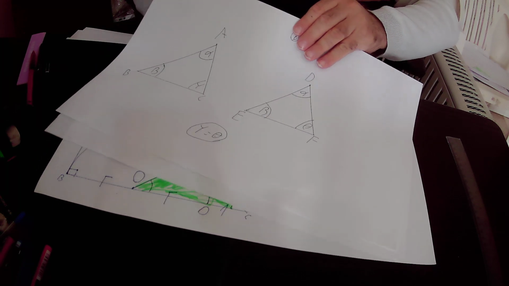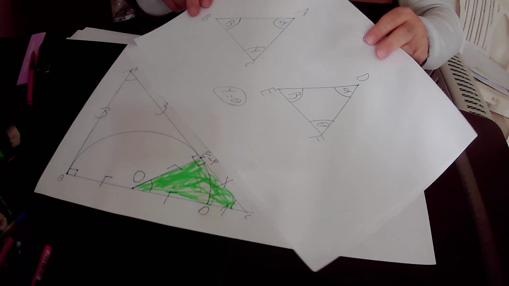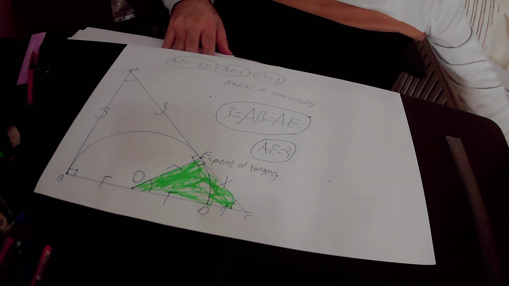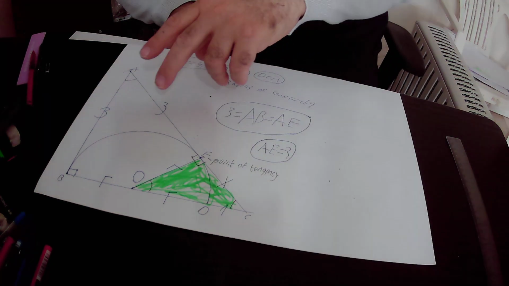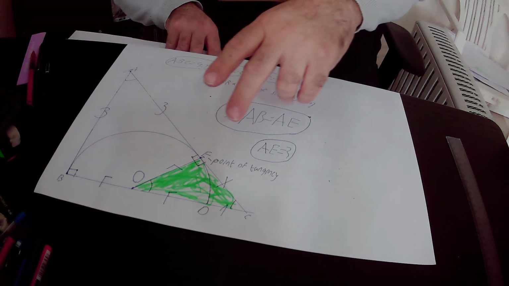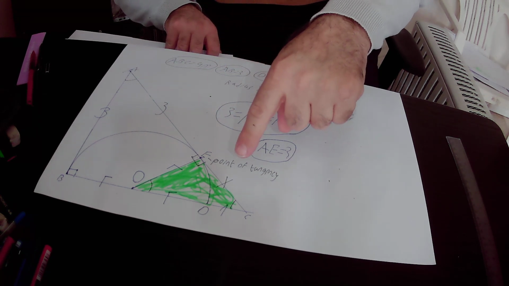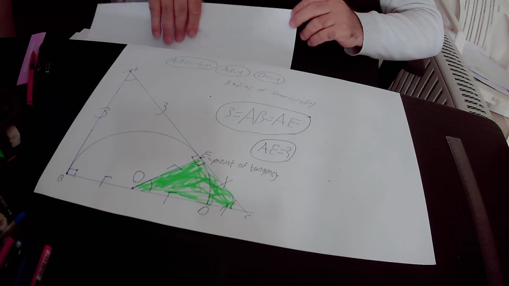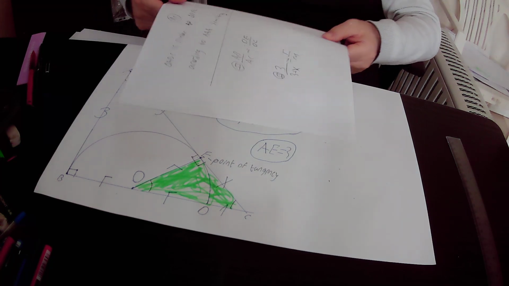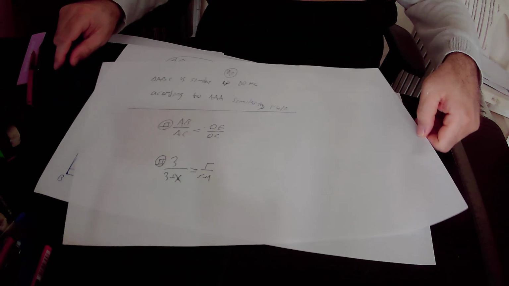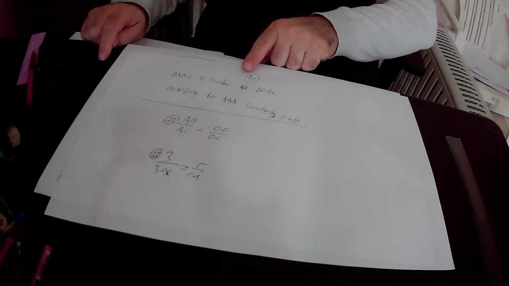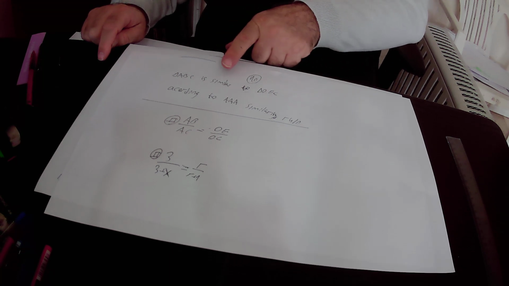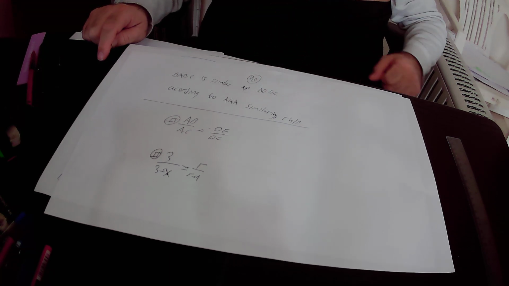And we will return to our original drawing. We proved that all three angles of triangle ABC are congruent to all three angles of the green triangle, triangle OEC. Therefore, we proved that triangle ABC is similar to triangle OEC according to the angle similarity rule.